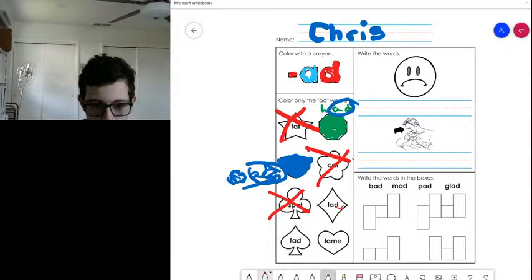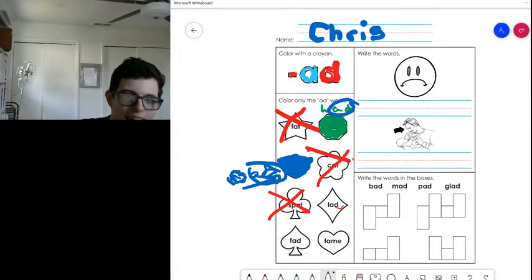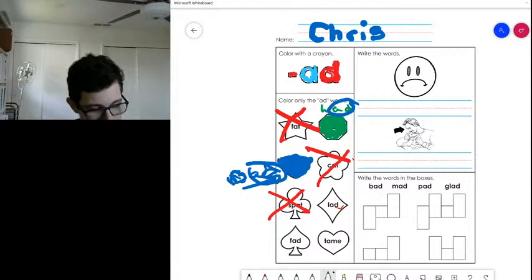Then as for the next one, lad. Add, lad, has the AD sound, has the AD ending, so we're going to say that this is an AD word. So we're going to go and color it in. We're going to color it in a nice galaxy color.